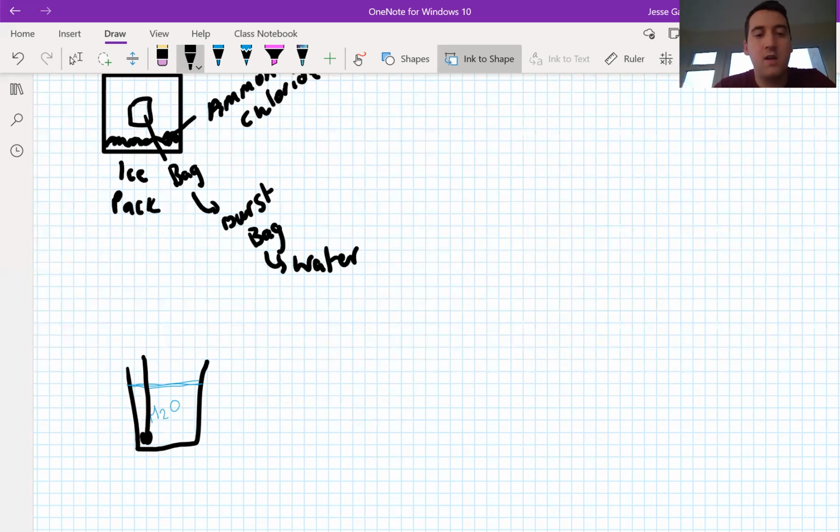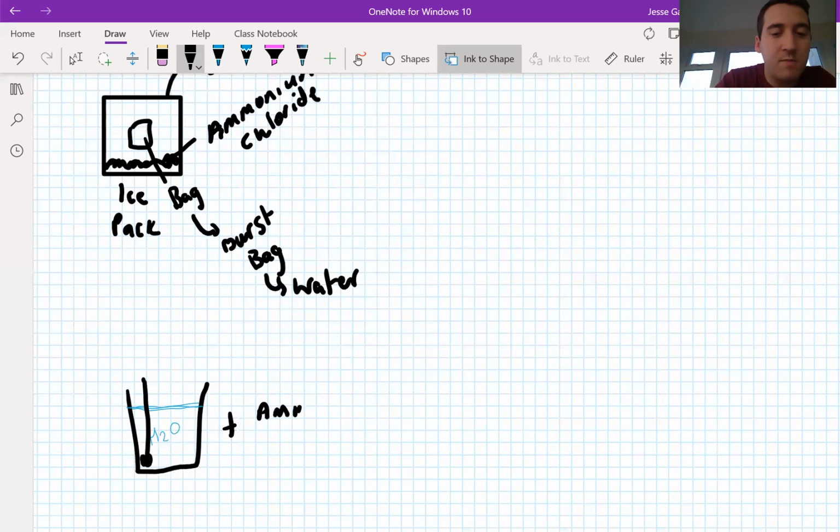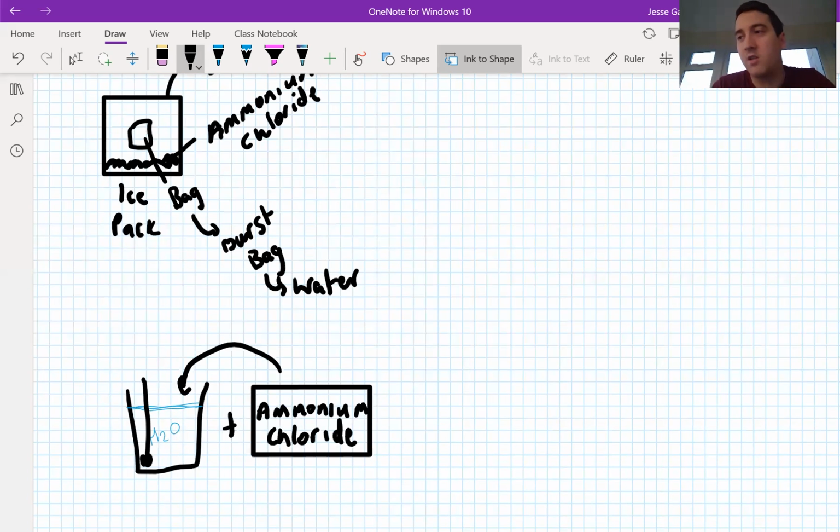So we've got a system: we've got our water, we've got a beaker, and we've got our thermometer. And we're going to add this same chemical that's in the ice pack. We're going to dissolve some of this powdered substance called ammonium chloride. We're going to add that in, give it a stir, and dissolve it.